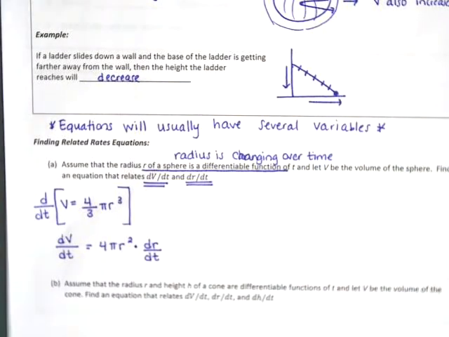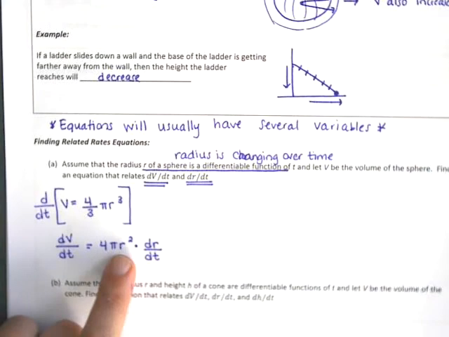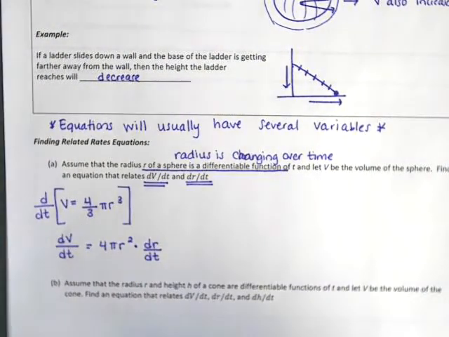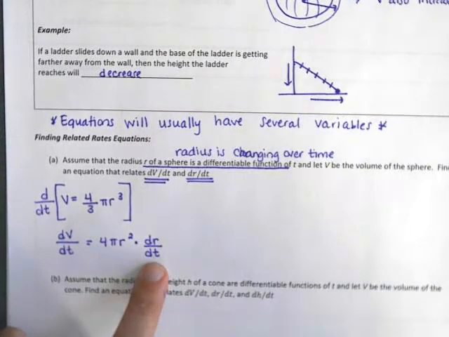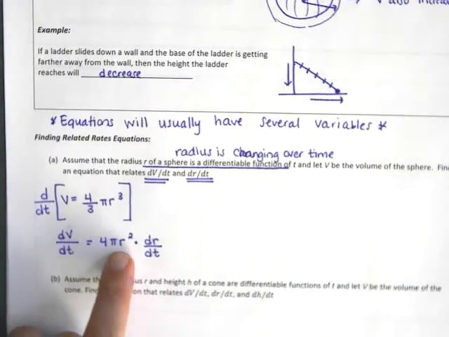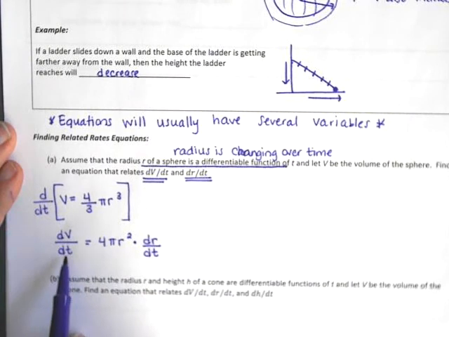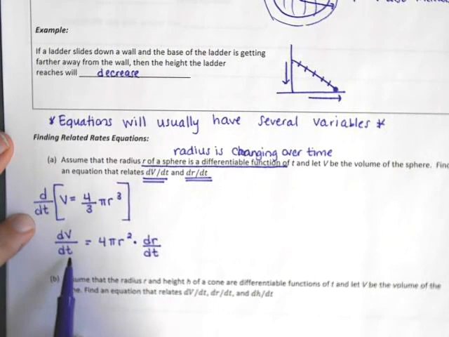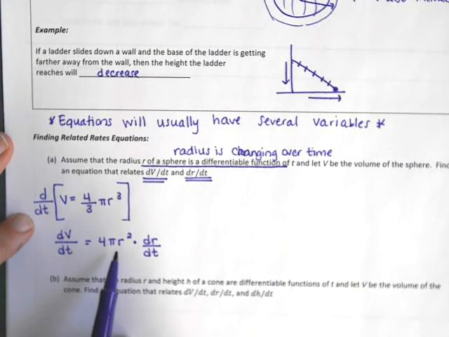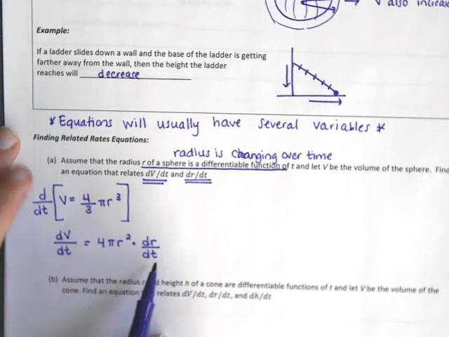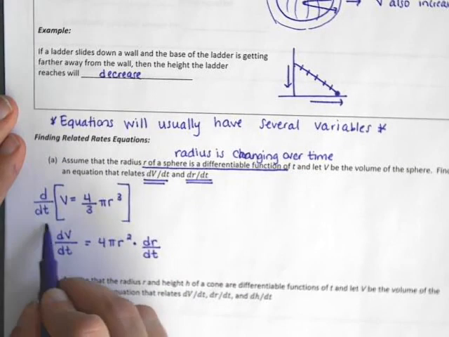Just like when we would take the derivative and we used implicit differentiation, which meant that we had to put a dy/dx every time we took the derivative of y. Because r is changing over time independently from the volume, we have to put a dr/dt every time we take the derivative of r. So dV/dt, changing with respect to time, would be equal to 4 pi r squared dr/dt with respect to time.